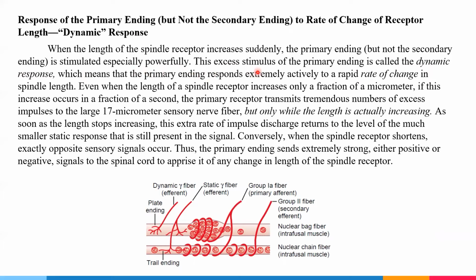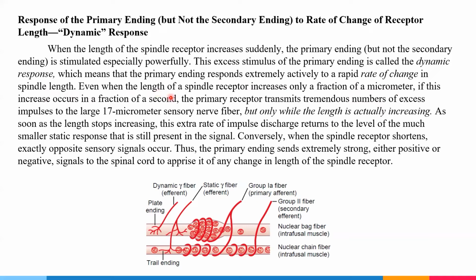This excess stimulation of the primary ending is called the dynamic response, which means that the primary ending responds extremely actively to a rapid rate of change in spindle length.